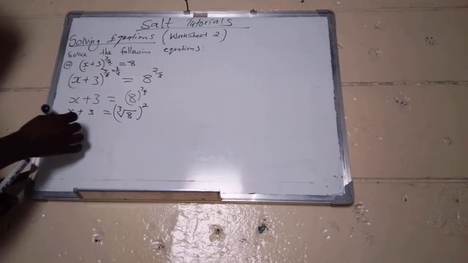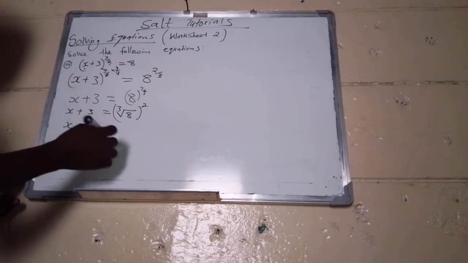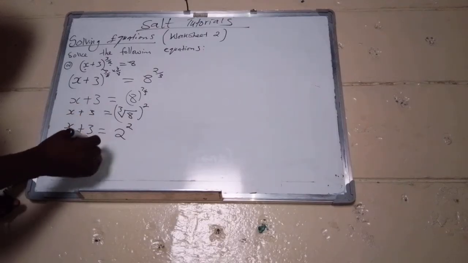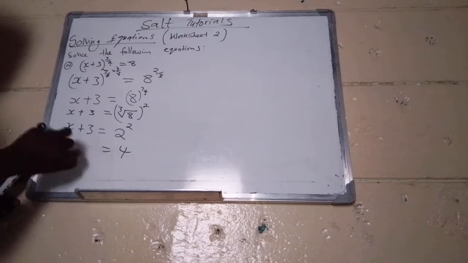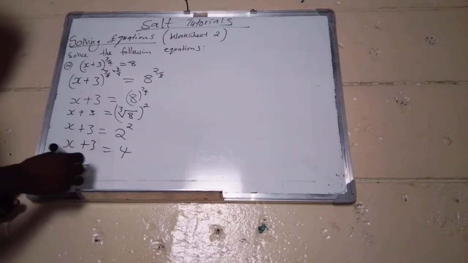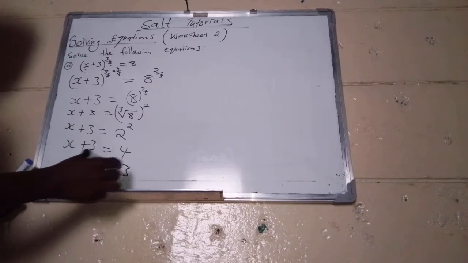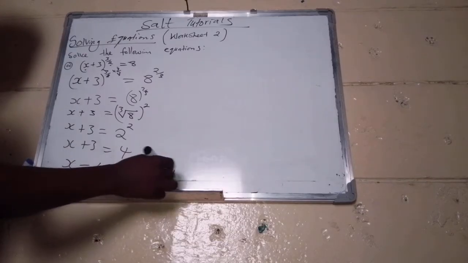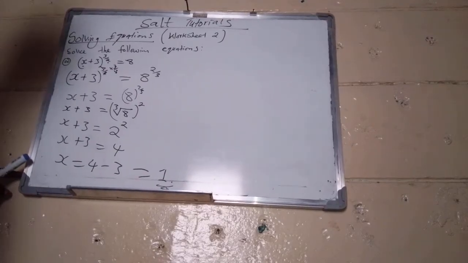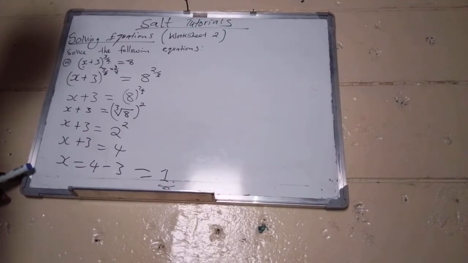So x plus 3 is equal to the cube root of 8, which is 2, and 2 squared is equal to what? 4. So I have x plus 3 equal to 4, where x will be equal to 4 minus 3, which is basically 1. As simple as that. So the first equation has been handled.